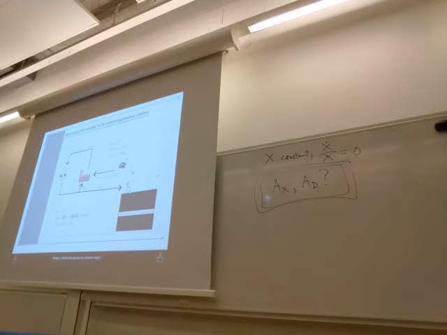Should either both be equal or zero? Or one of them can be zero, I guess. No, wait, that's not worth much. Yeah, equal or zero. And of course, if they're both zero, then they're equal. Yeah, so they're equal.